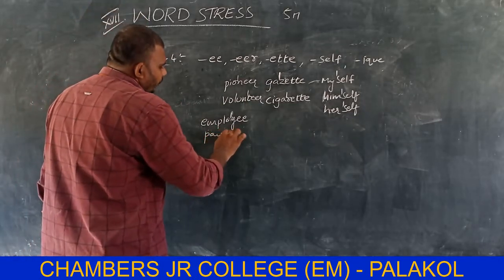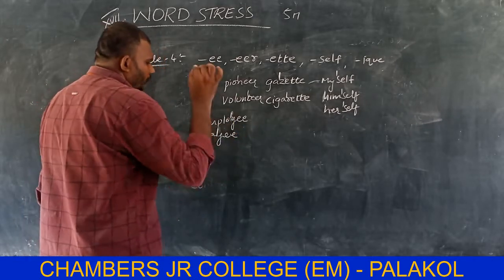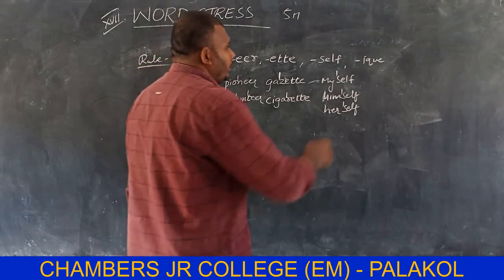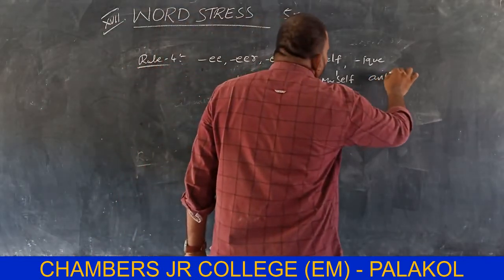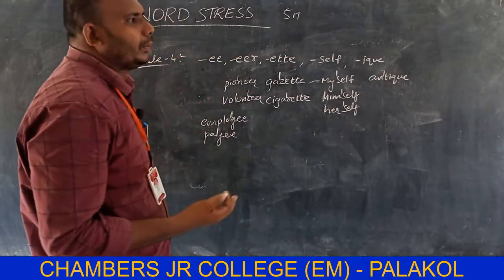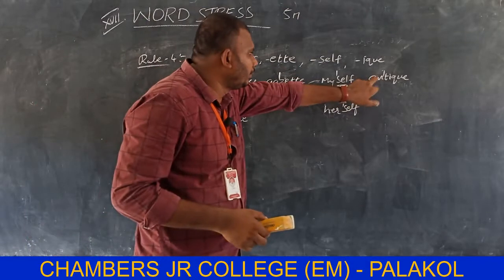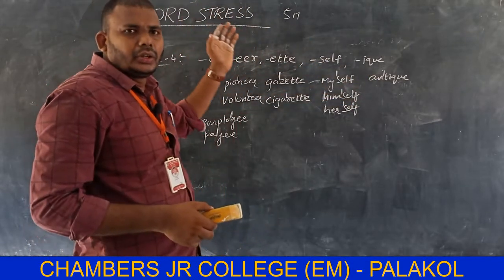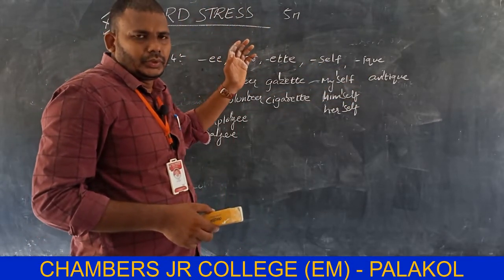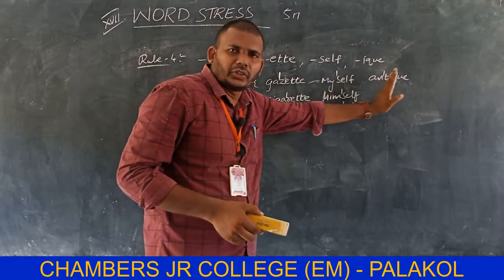Payee. Got it? And see the last one, antic. The same rule is applied when we use this example for the previous rule also. If a disyllabic word begins with an, it takes the second syllable.